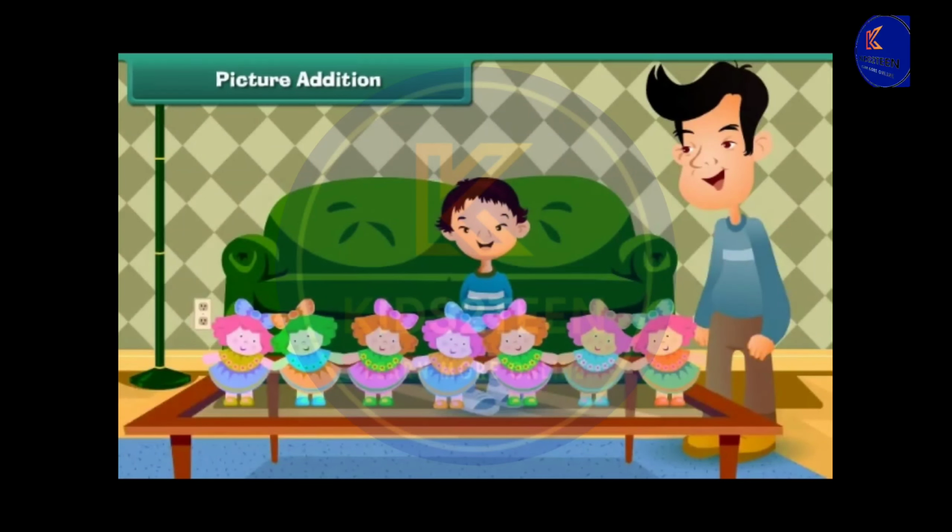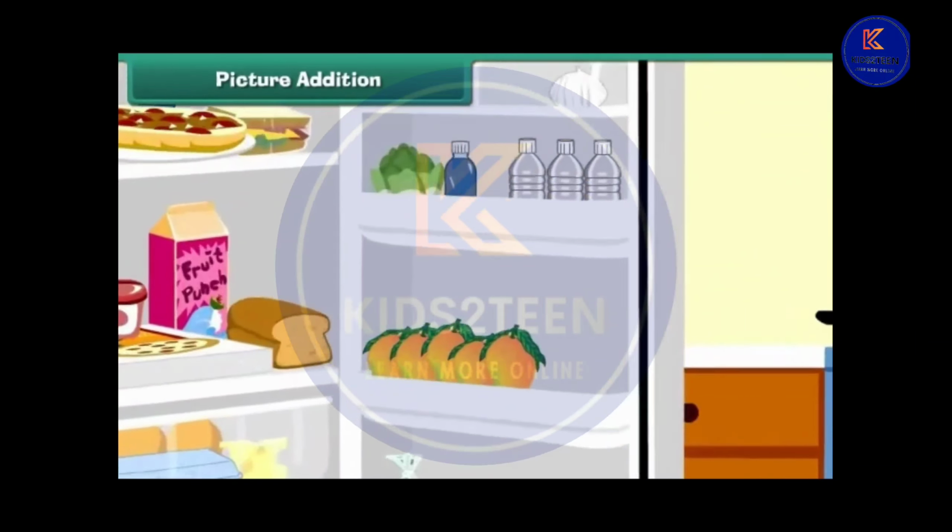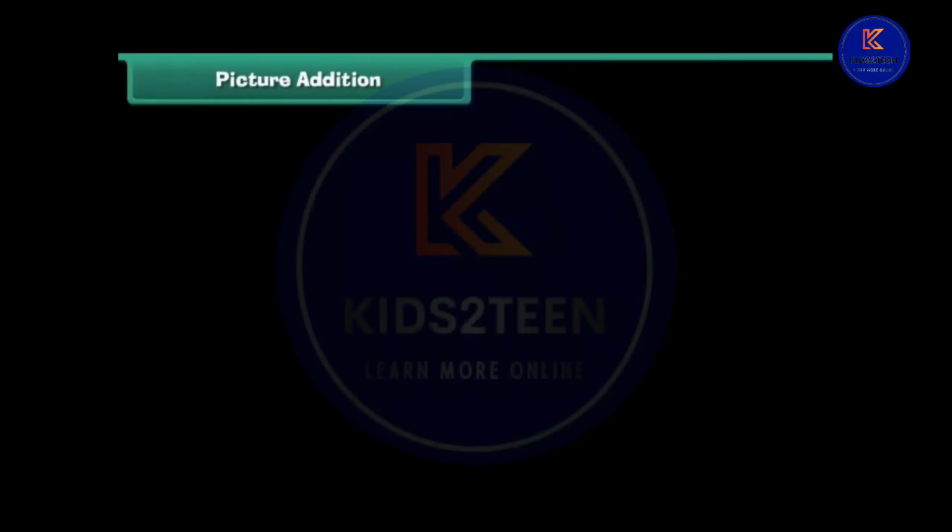Count all the dolls. 1, 2, 3, 4, 5, 6, 7. Sheena has 7 dolls. There are 5 mangoes in the refrigerator.